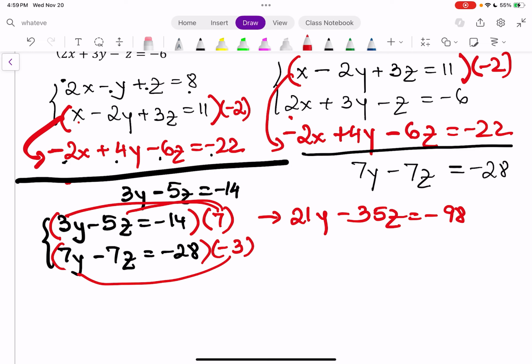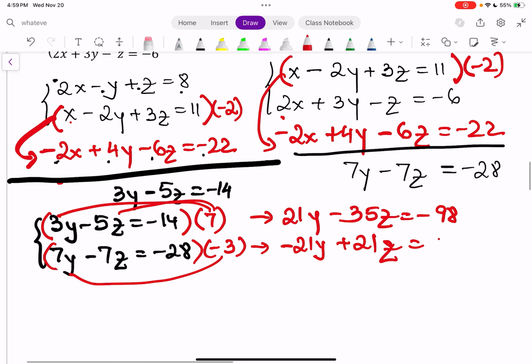Multiply the bottom equation by -3. So -21y plus 21z equals 28 times 3, which is 84. Now when I add these equations together, as you see, y is gone.